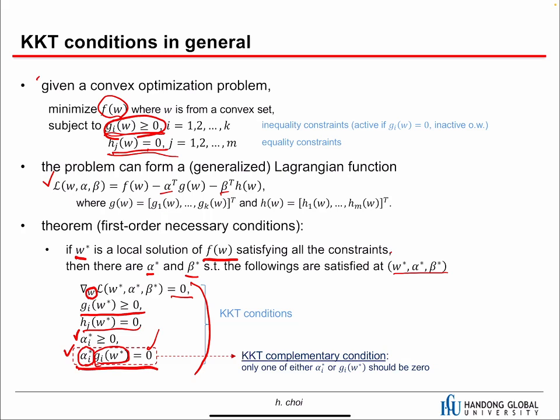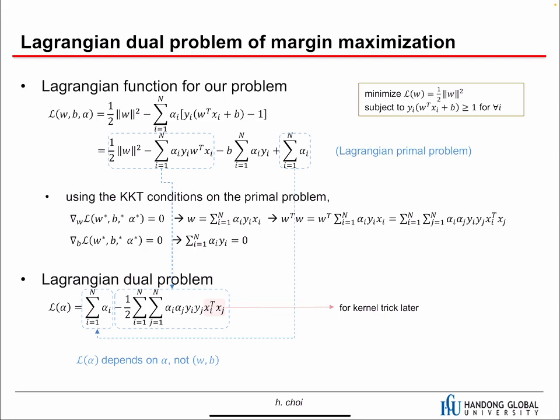And actually only one of either this one or this one should be 0. That's what KKT conditions say. And then we're going to use those KKT conditions in the SVM problems.